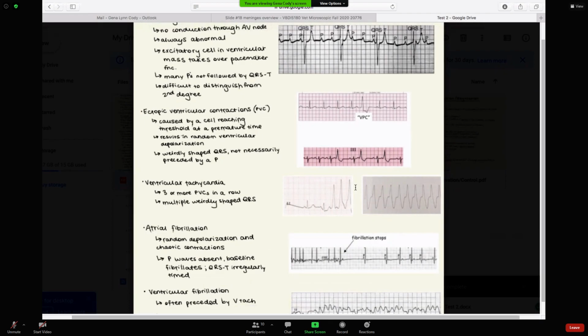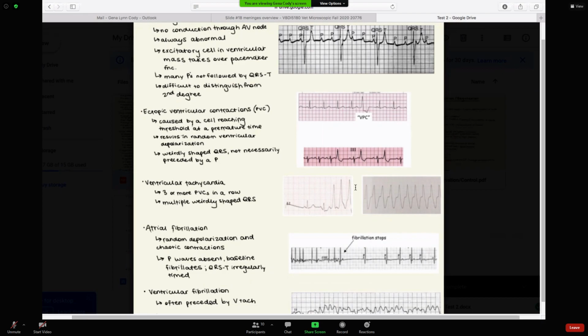If you have some disease, typically how it's going to progress is that you get VTAC, but then as the disease progresses, so does your arrhythmia. So when the disease causes not just this one little area or this one little cell to reach threshold, it's going to start causing it here and then here and then here until it isn't just one area that is depolarized.